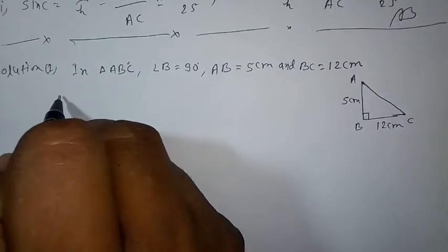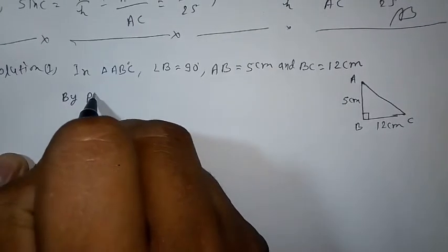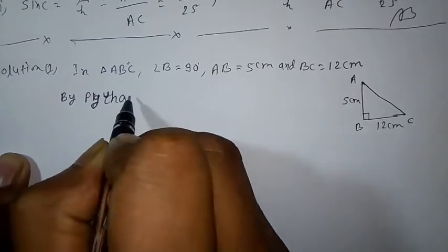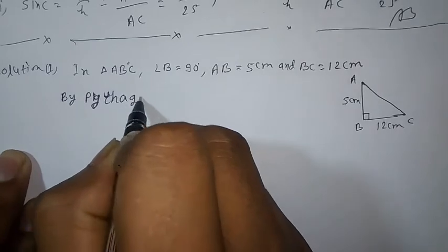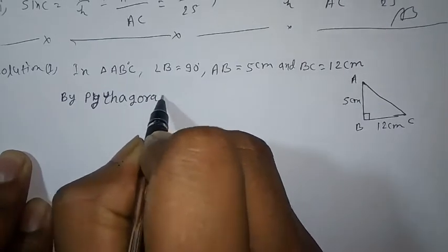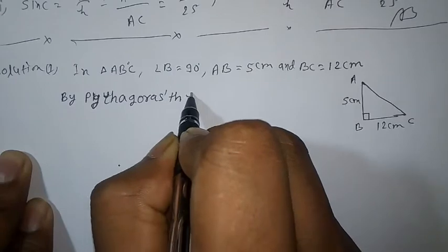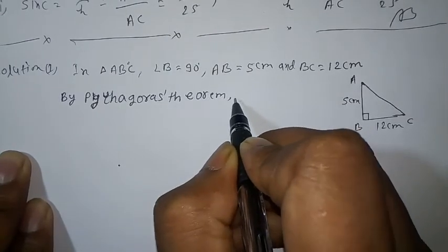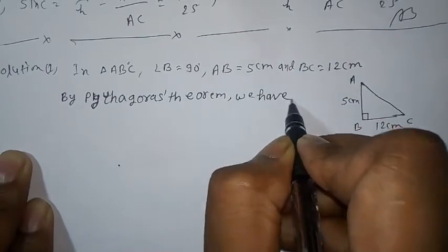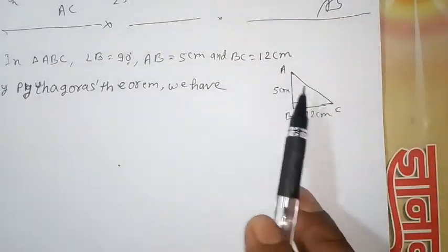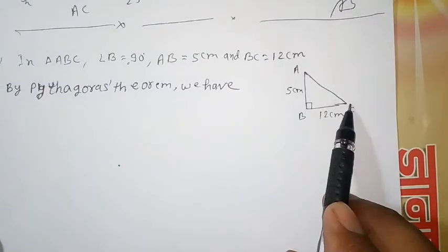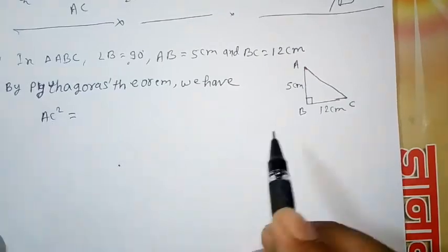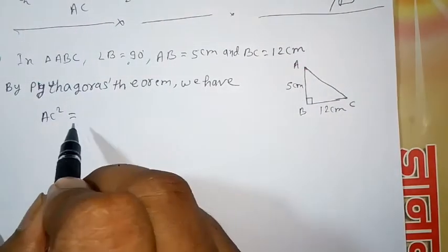By Pythagoras theorem, we have, by the Pythagoras theorem, AC square, hypotenuse square, is equal to perpendicular square plus base square.